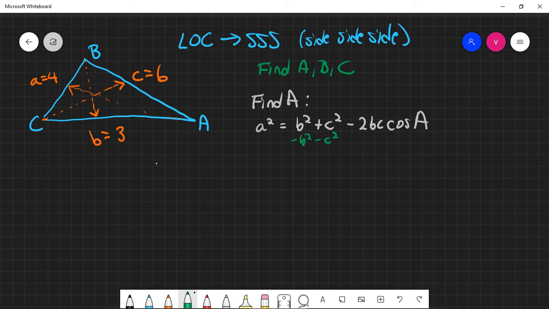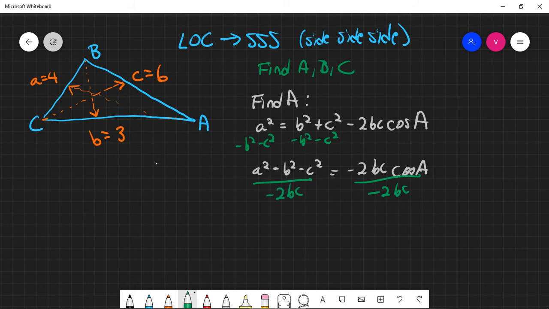So let's subtract these 2 from both sides. Okay, so you're going to end up with a squared minus b squared minus c squared is equal to negative 2bc cosine A. And then just do a little division there, divide by negative 2bc on both sides.